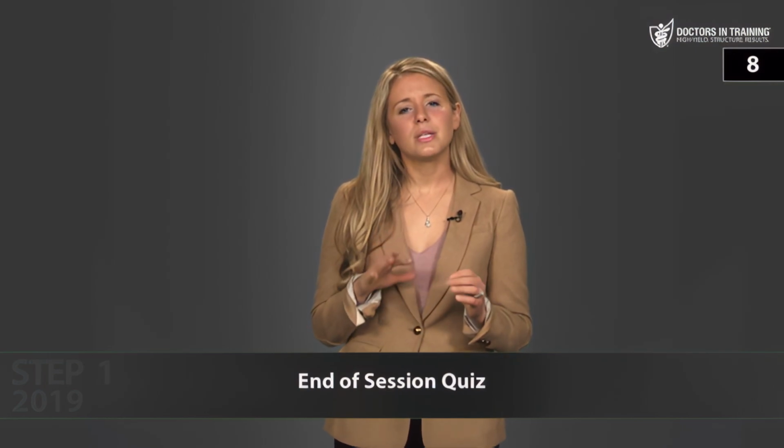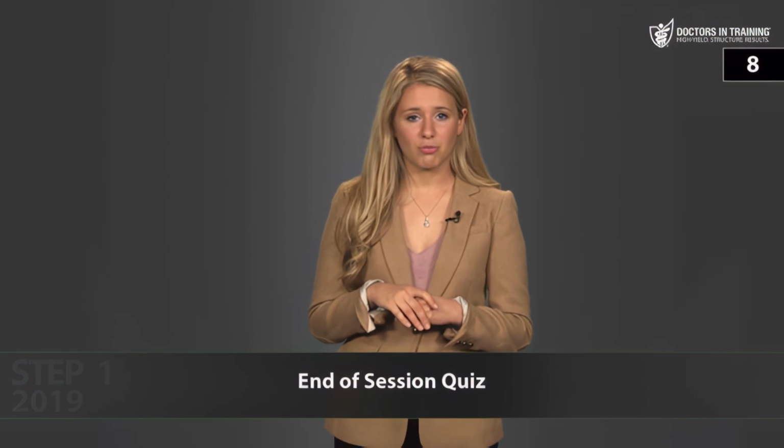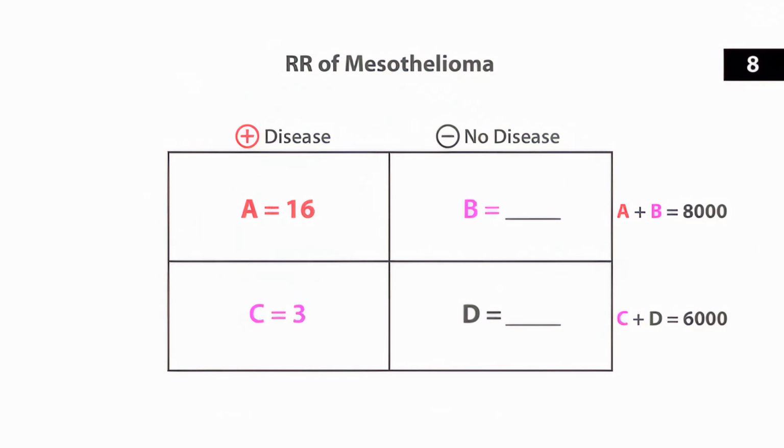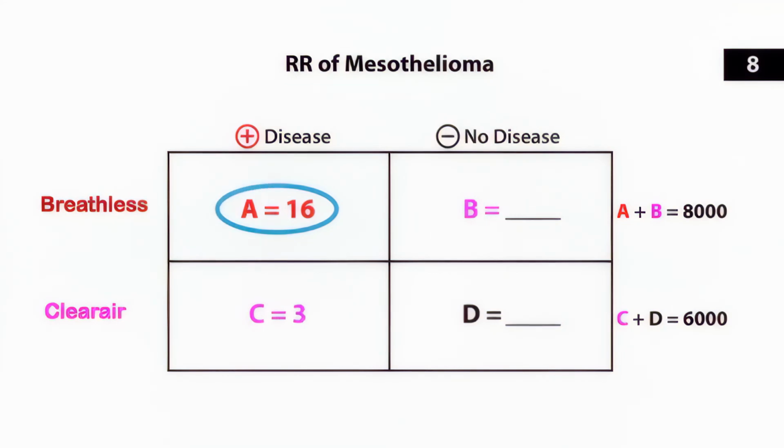So what's the relative risk of mesothelioma for the population of Breathless? The first thing you do is set up your table like this. The number of people with the disease in Breathless is 16, and the number of people with the disease in Clear Air is 3. The question didn't give you the number of people without the disease, but you don't really need it.